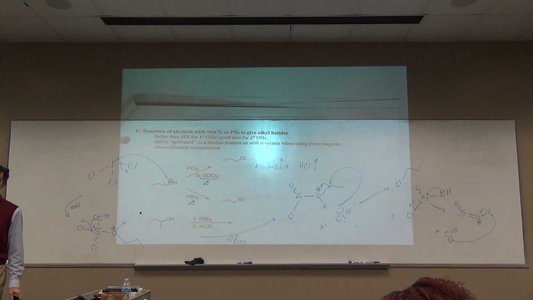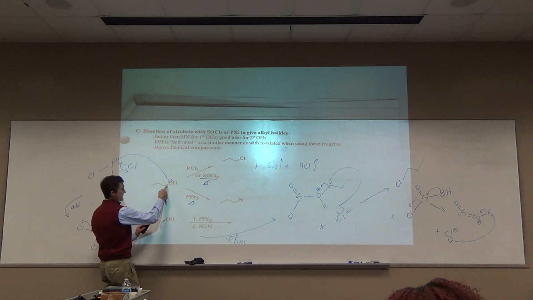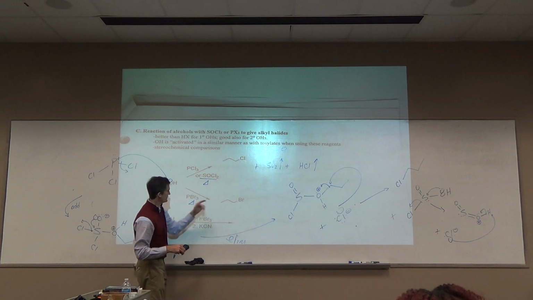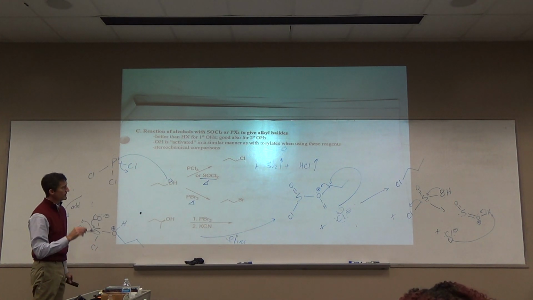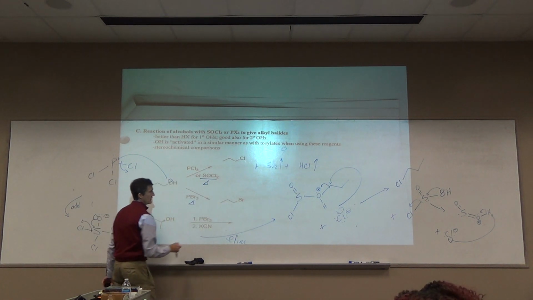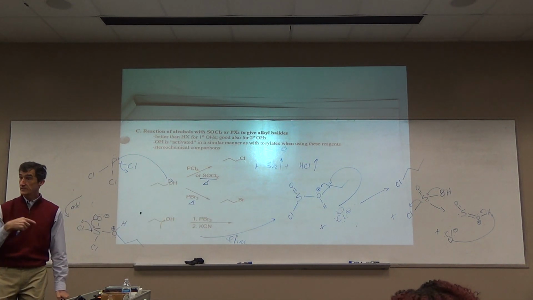Now, in organic 2, there are lots of reactions. Some of them you need a little bit of memorization. Note card. But then you have to know mechanism and all the details, and that's not memorization. But this plus PBr3 on a note card with this on the back, and you just know. These reagents will convert alcohols to alkyl halides like we did with HX.